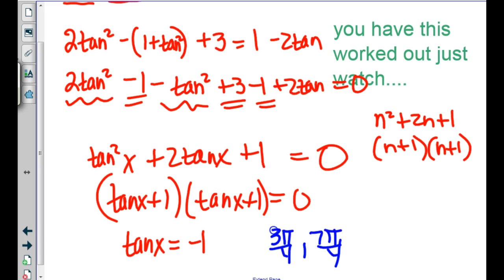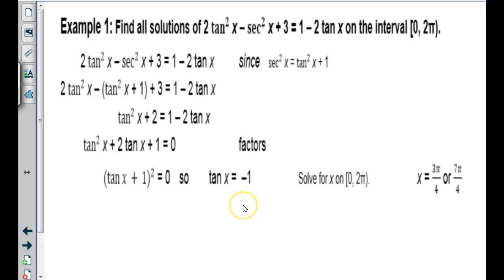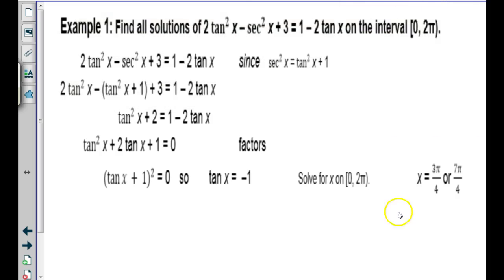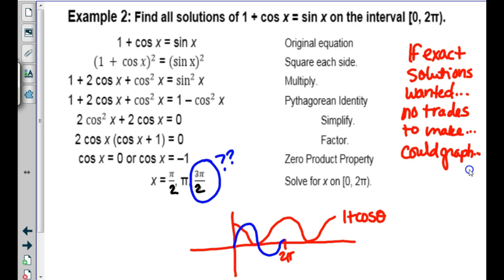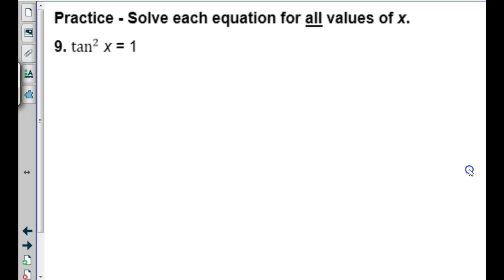Was this a 0 to 2 pi or all solutions? 0 to 2 pi. So we got two solutions. And they are right here on your paper, yes? Whoa! I don't know what I just did. Okay. This is an example that's really ugly that I can go through tomorrow.